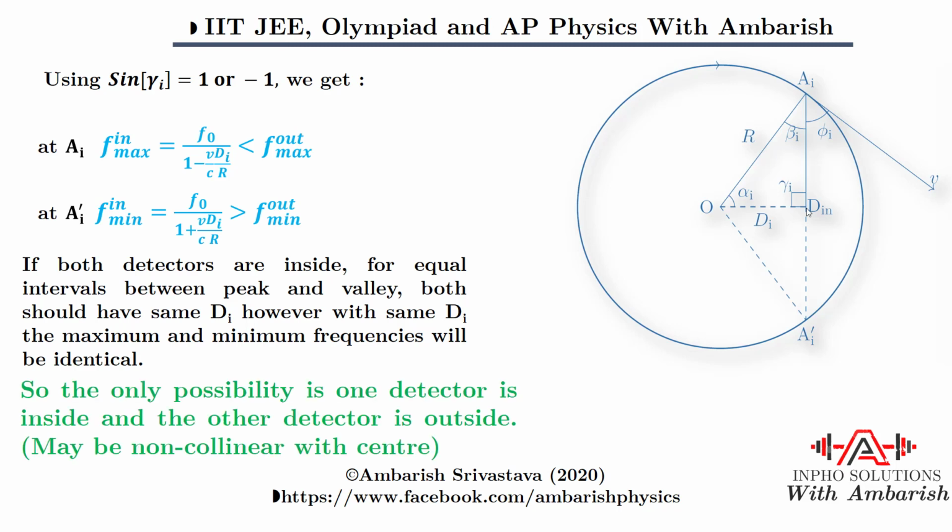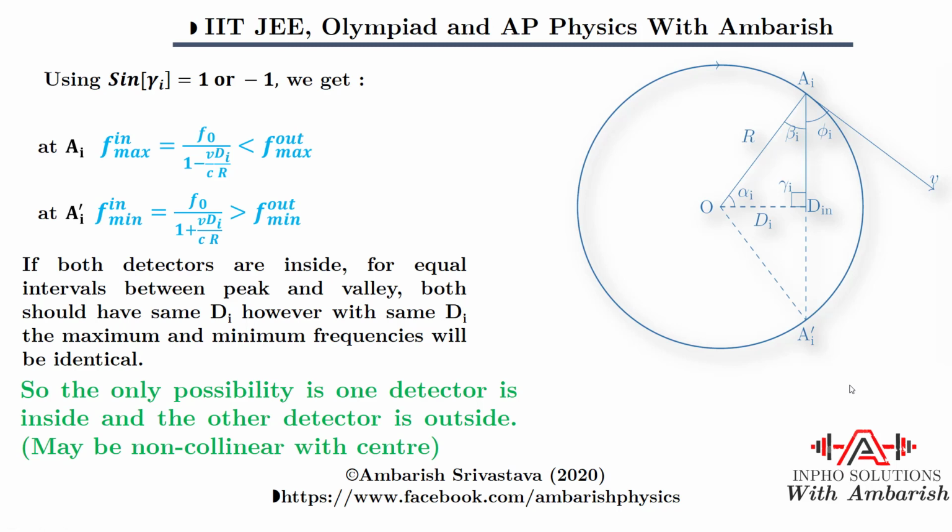That means the only possibility is that one detector is inside and the other detector is outside, and they may or may not be collinear with the center, because nowhere in our logic we commented on whether they're collinear or non-collinear. But yes, the possibility is that one detector is inside, the other detector is outside. I've not made the figure, but this is trivial. So based on this fact, we can show one detector inside and other detector outside. Okay, so this was a very interesting and tricky part.